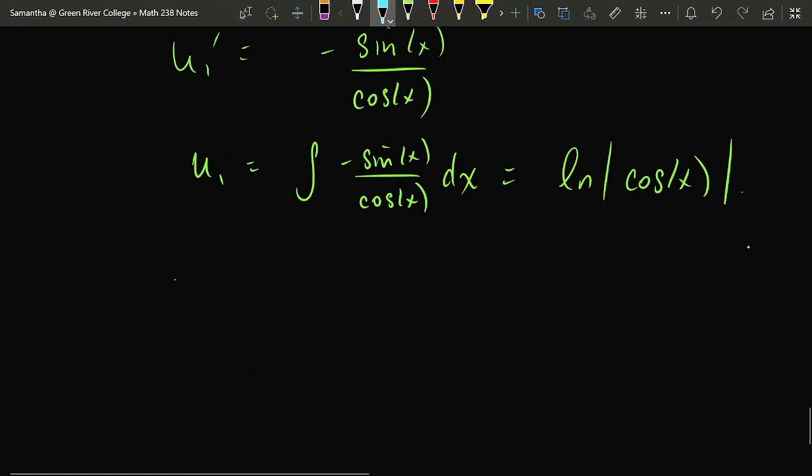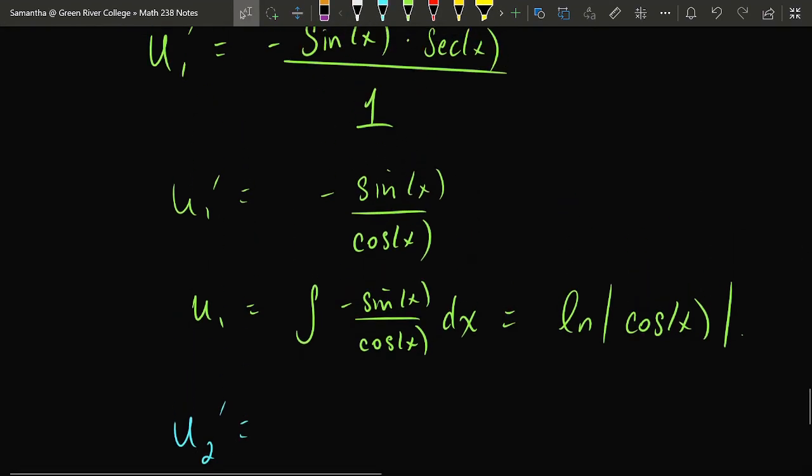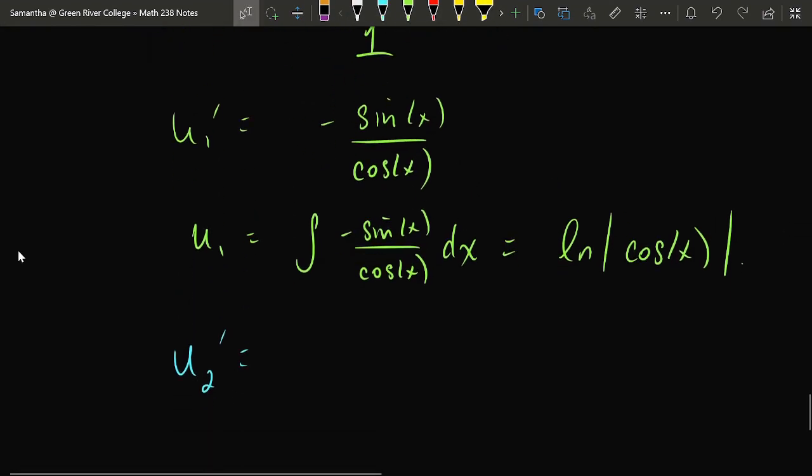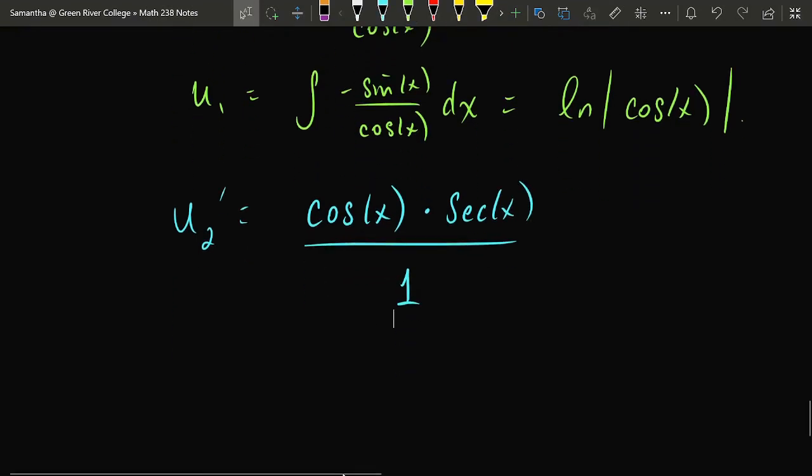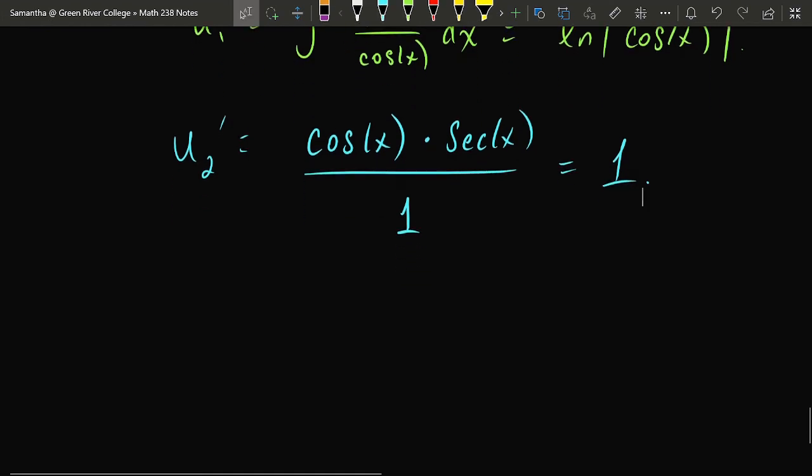So looking now to u2 prime, u2 prime would be equal to y1, our first complementary function, multiplied by f of x, the function on the far right, divided by the Wronskian, this time with no minus sign, which simplifies to the constant 1, which means that u2 is going to be equal to, I'll just take the simplest antiderivative, x.